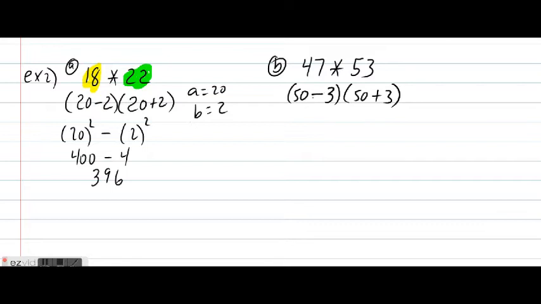Alright, so a is 50, b is 3. So I have 50 squared minus 3 squared. Well, if you know what 5 squared is, 5 squared is 25. And you're simply adding 2 more zeros. 3 squared is 9.